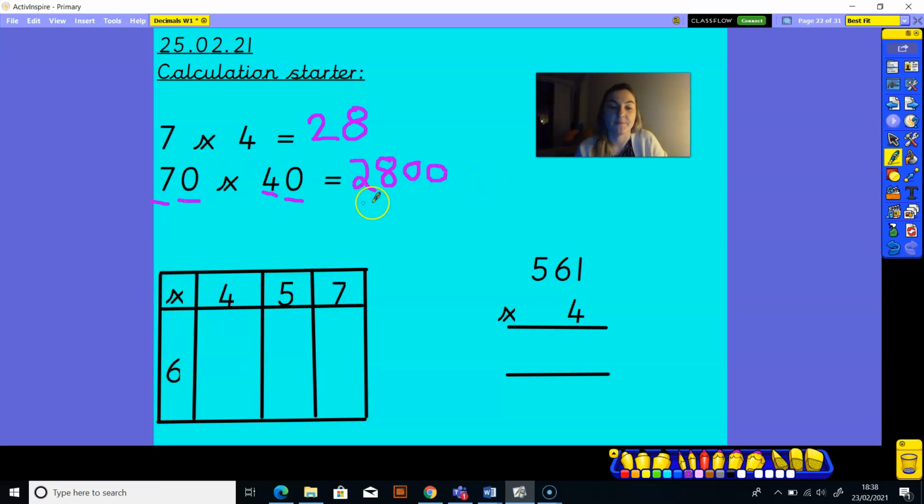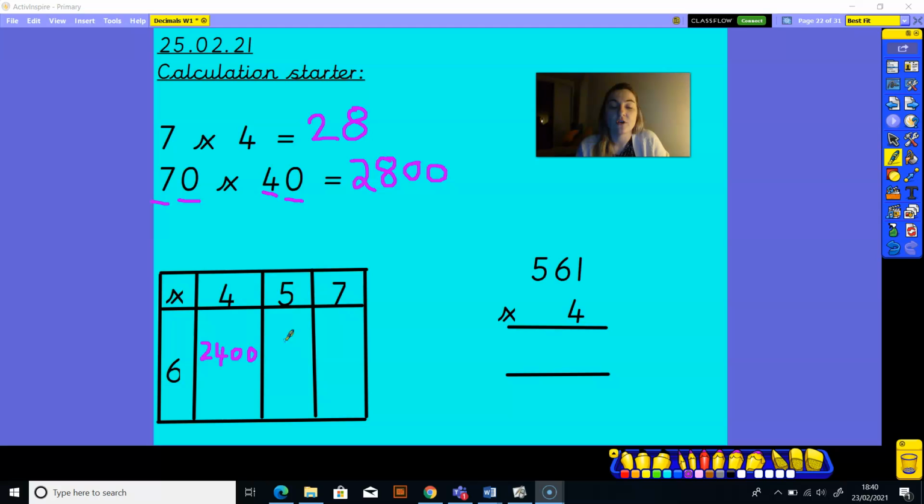Now let's have a look at this one down the bottom. At first we've got 6 times 457, but it's split into boxes here just to make things a little bit more simple for us. So we know that 6 times 4 is equal to 24, but remember it's 400, okay? So it's actually going to be 6 times 400 is equal to 2,400.